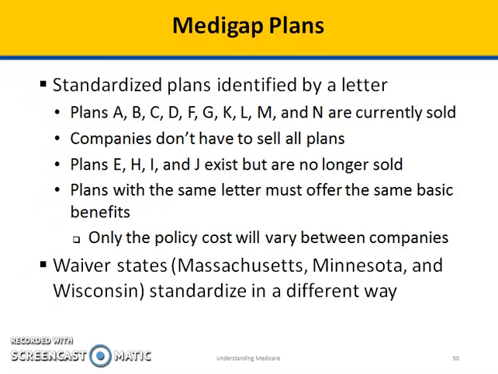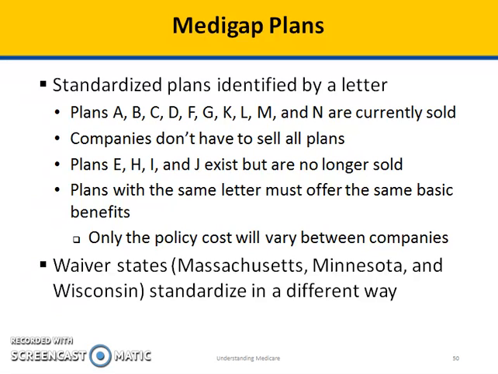Some people may still have a Medigap policy they purchased before the plans were standardized. If they do, they can keep these plans. If they drop them, they may not be able to get back those plans. Medigap policies are standardized in a different way in Massachusetts, Minnesota, and Wisconsin.